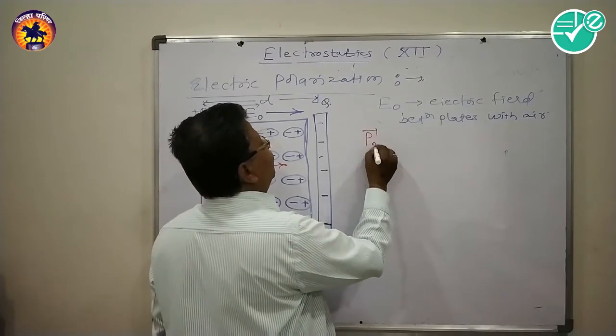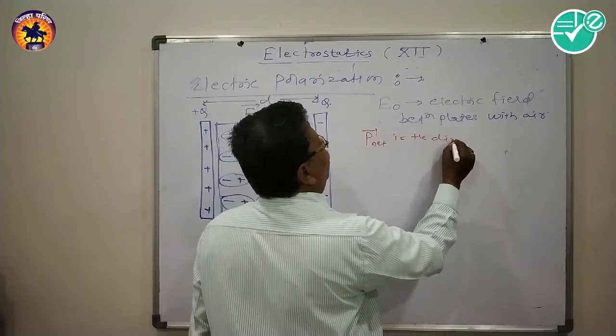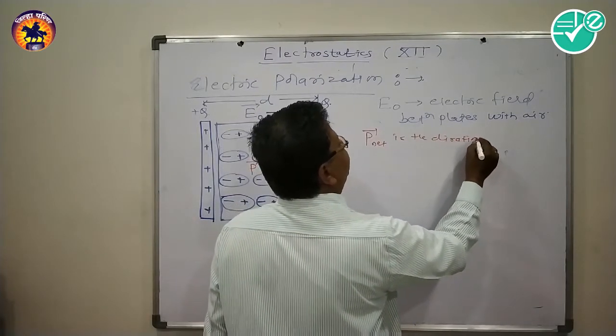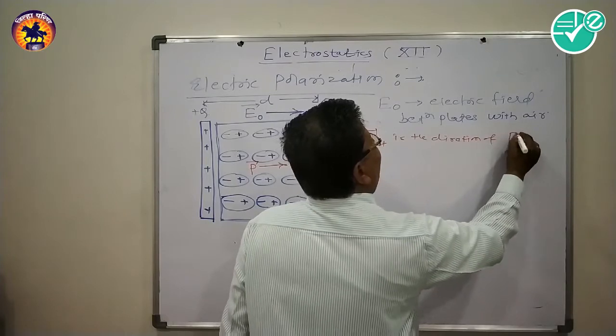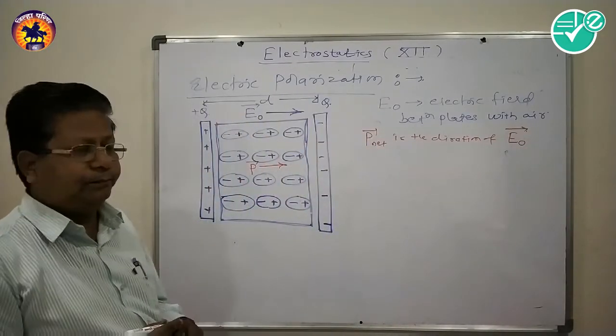That means net electric dipole moment is in the direction of applied electric field, that is E0.